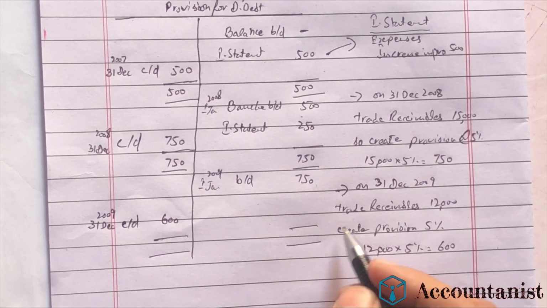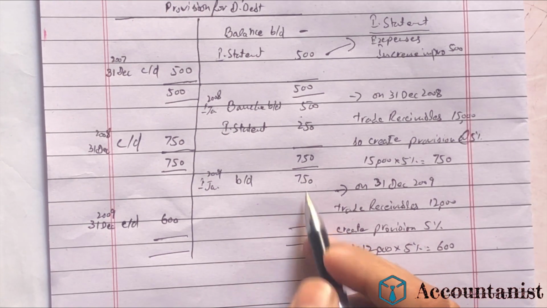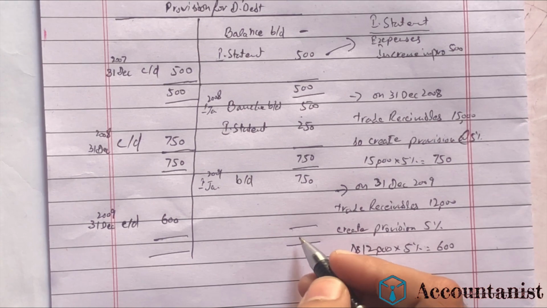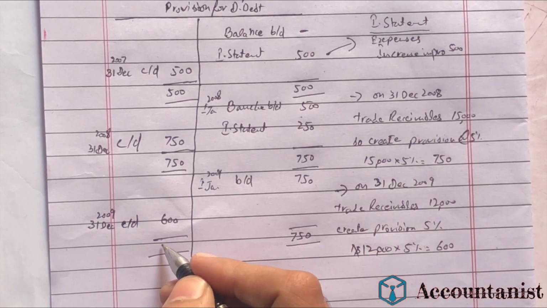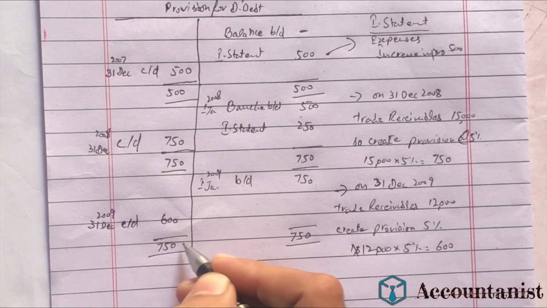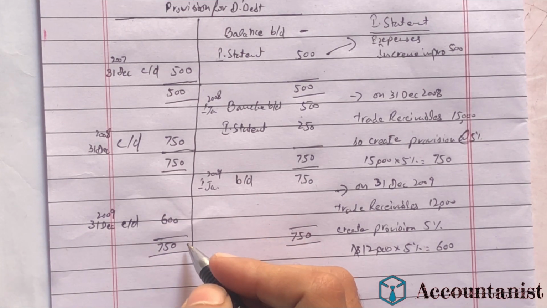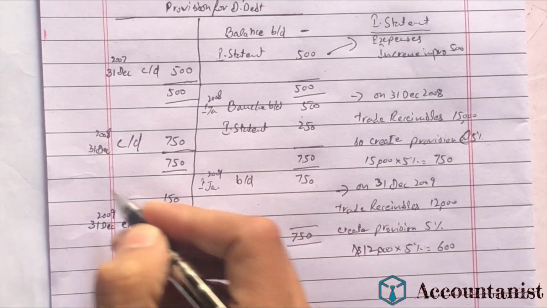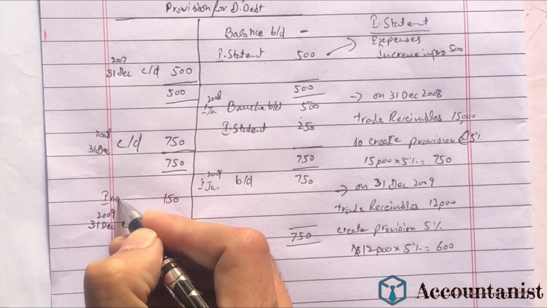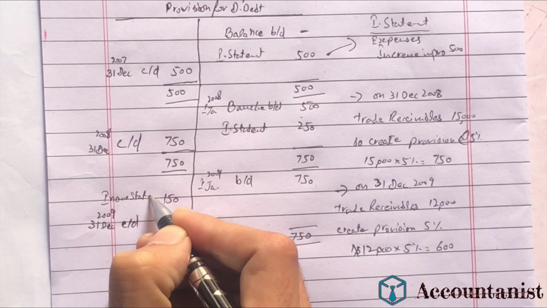This time we can see that the credit side has a bigger value, so I will write down this 750 here and transfer this 750 to the other side. I will get my balance here after deducting 600, so 150. This 150 goes to the income statement.